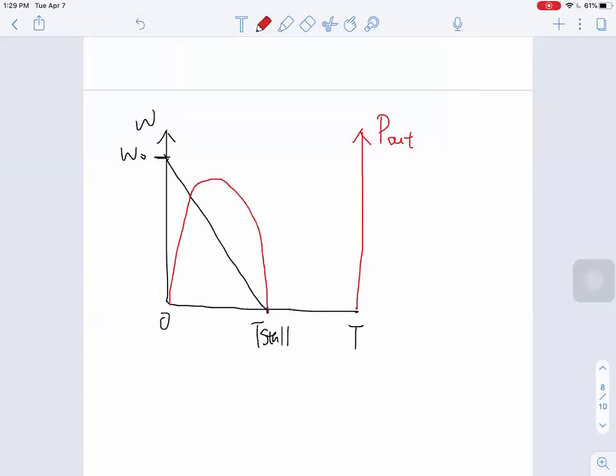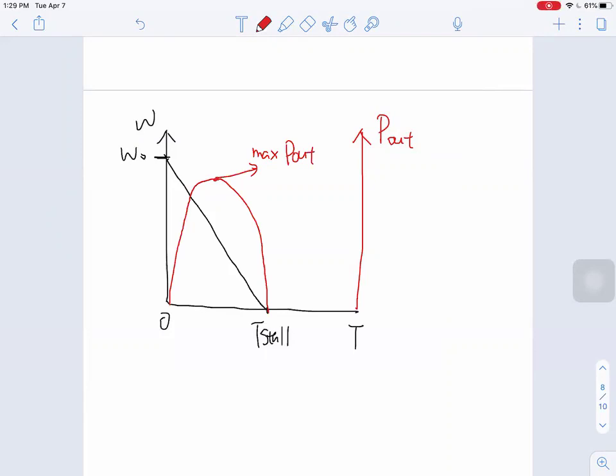So this right curve is going to be the power output. It should be a more smooth curve instead of like this. And that point here is the maximum power output. It should be a parabola.